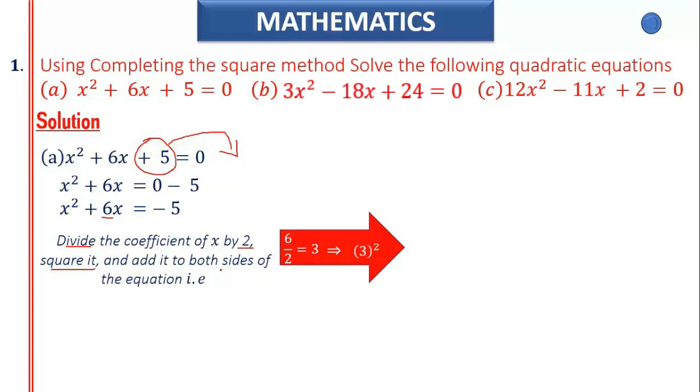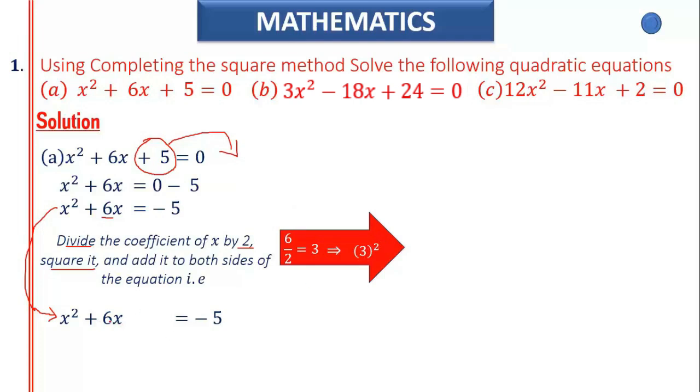Now let's take a look at the equation. This is the equation, the same thing. So we want to add 3 squared to both sides of the equation.